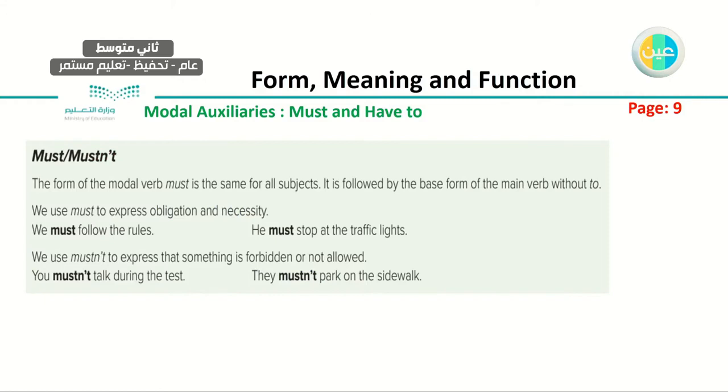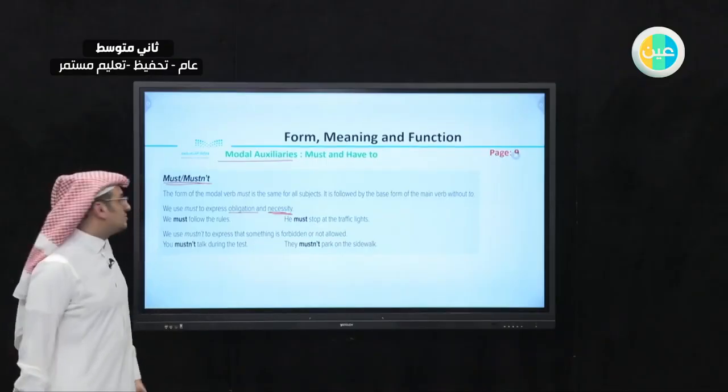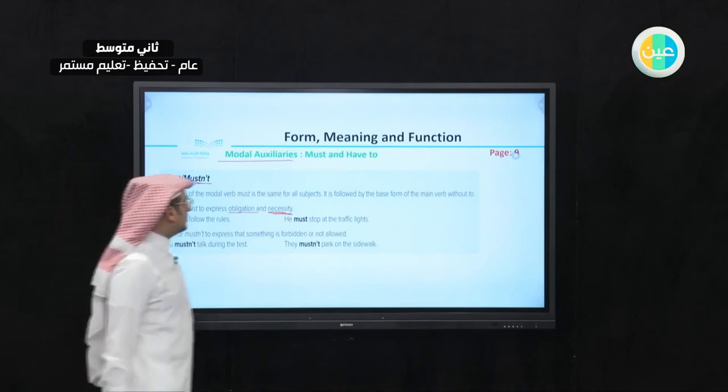Let's see must and mustn't, the use of them. We call them modal auxiliaries. Why do we use must or mustn't? Because we are talking about obligation or necessity. The form of the modal verb must is the same for all subjects. What do you know about subjects? Remind me of the subject pronouns. What did we say last time?